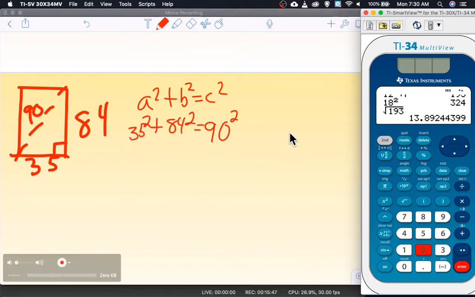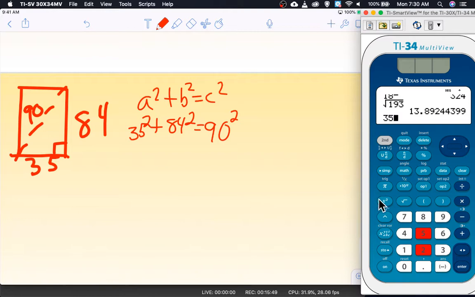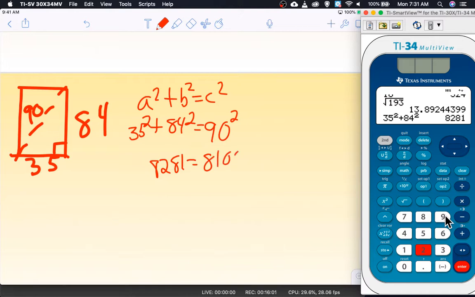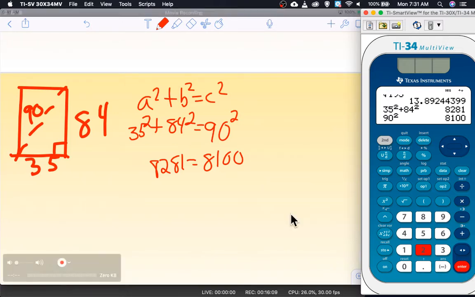I'm definitely not doing that math in my head because I can't. 35 squared plus 84 squared is 8,281. 90 squared, I can actually do that math in my head. That's 8,100, but I'll double check it. It's early in the morning. There you go. So I can tell you right now that this angle here, because this is too small, that makes this an acute triangle. So the triangles, now I'm going to over exaggerate this.